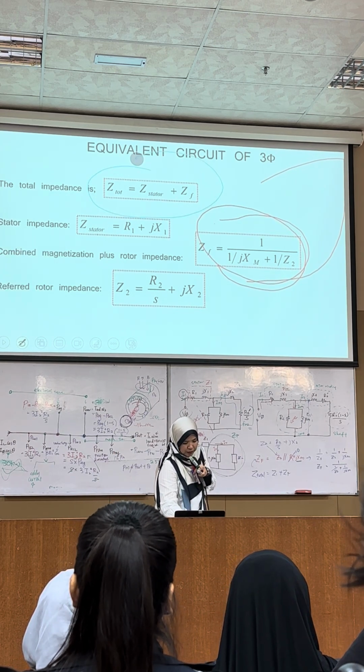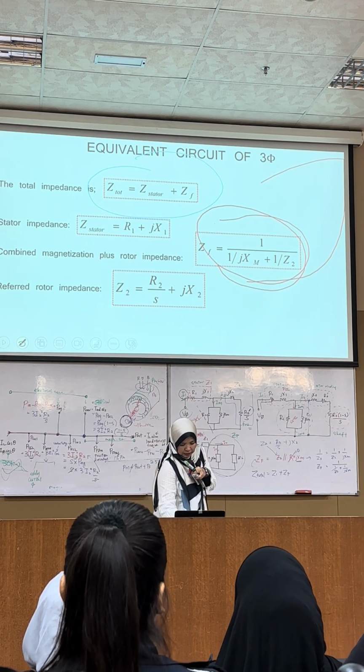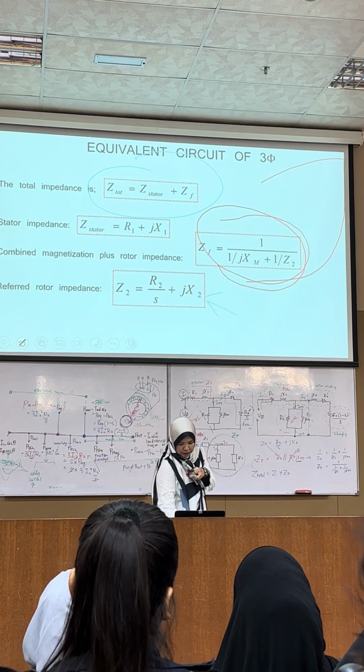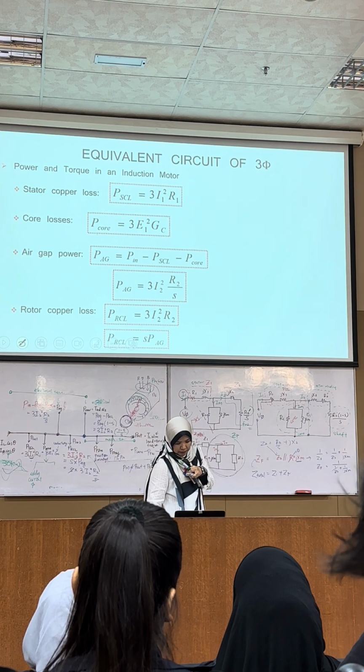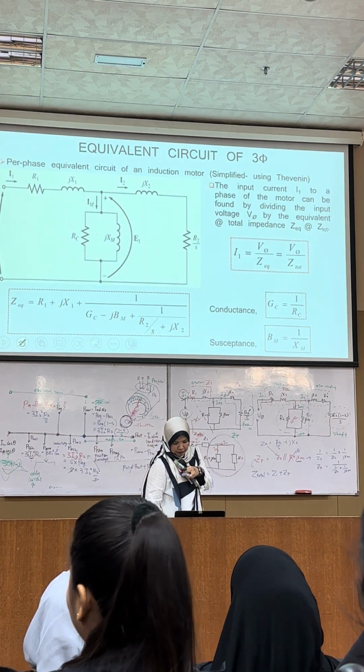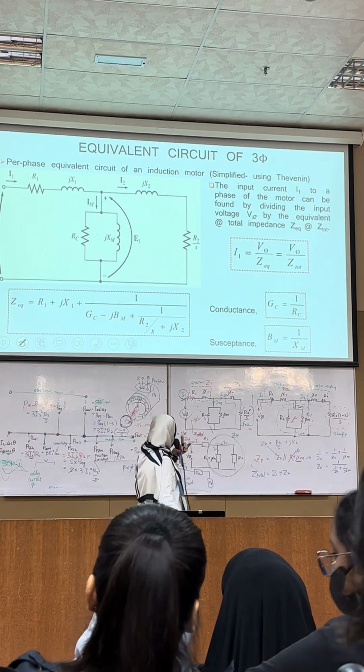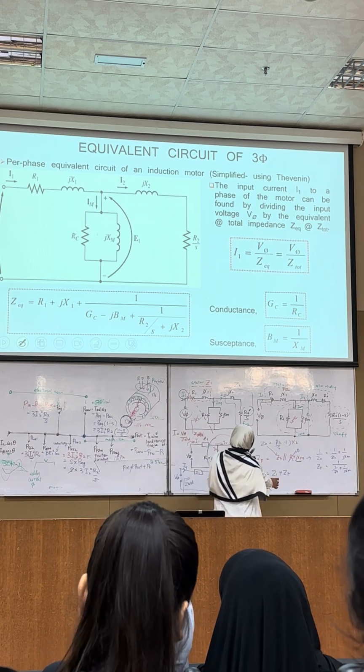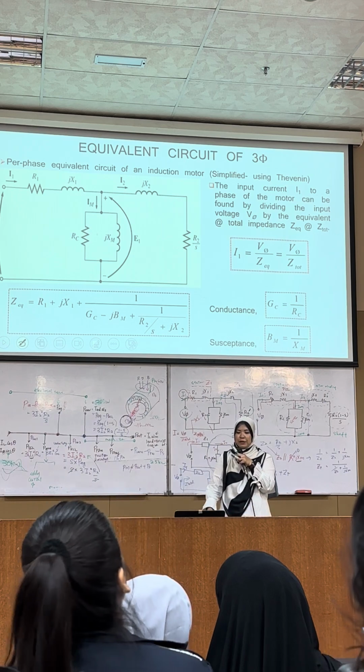This one is Z total, and Z2 already mentioned. So next. If you put all the equations together inside here, you will have this one.